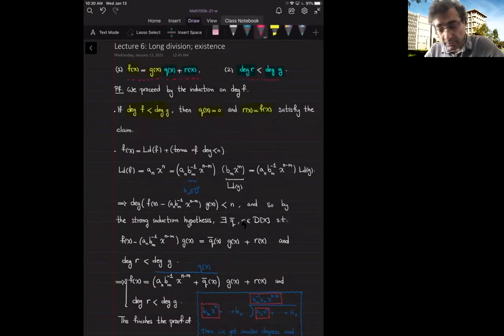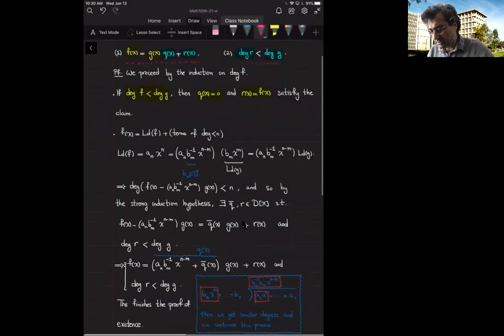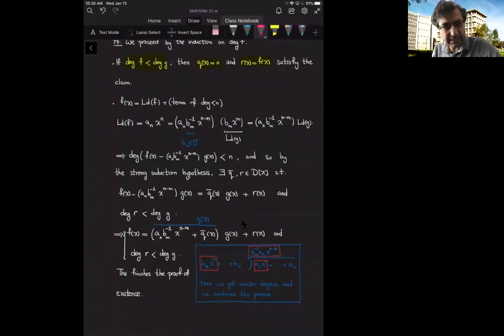So next, I'm going to do the process. As I have indicated, I want to match the leading term of F and then multiply G by this auxiliary term, subtracting that. So what does that mean? Again, we are given this leading term of F, which is a sub n x to the n.